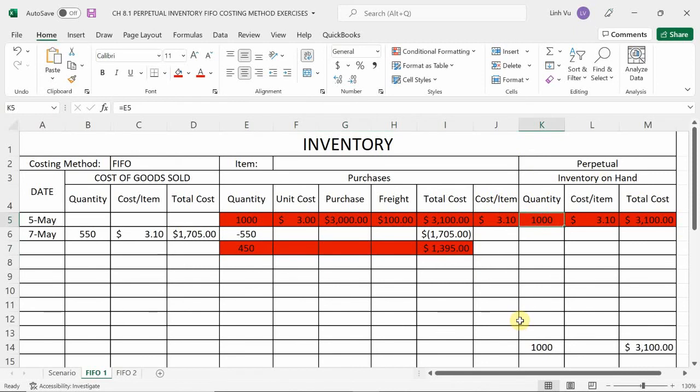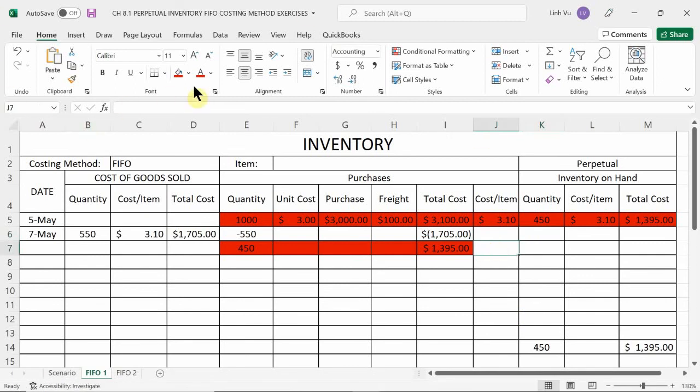I have 450. And because I put my formula in my total cost, it's going to automatically calculate for me that 450 times 3.10 is going to give me $1,395. And that's how I know how much inventory I have on hand at all times.